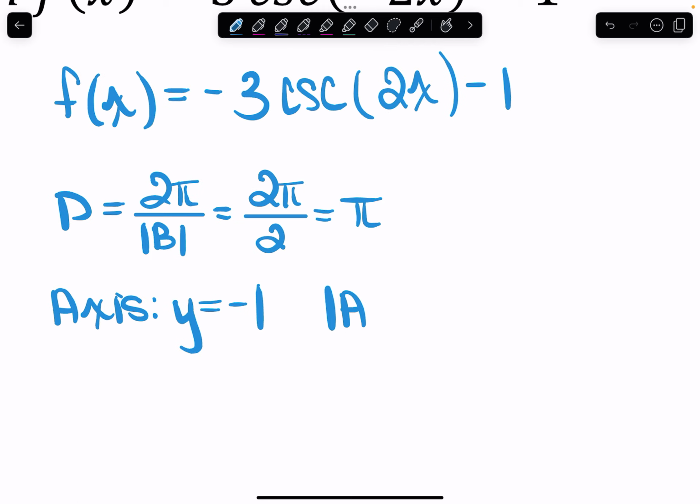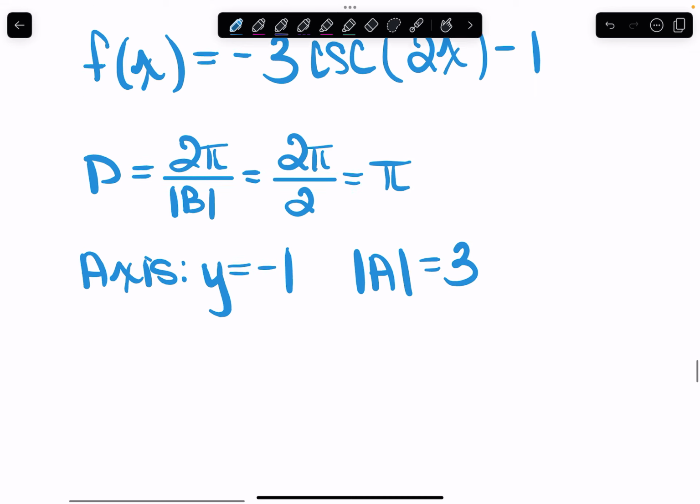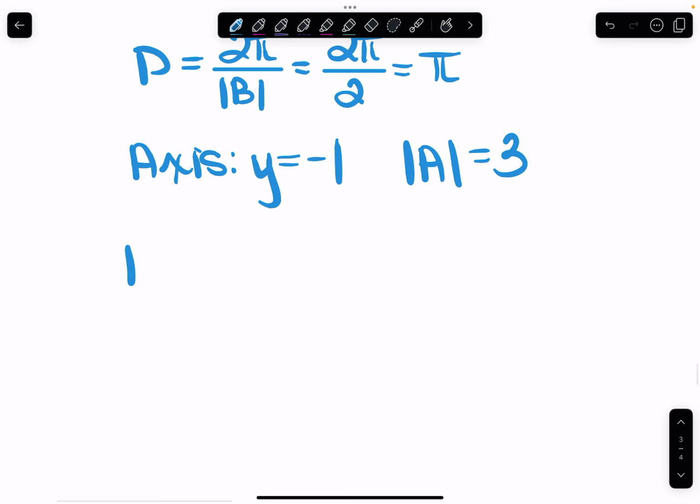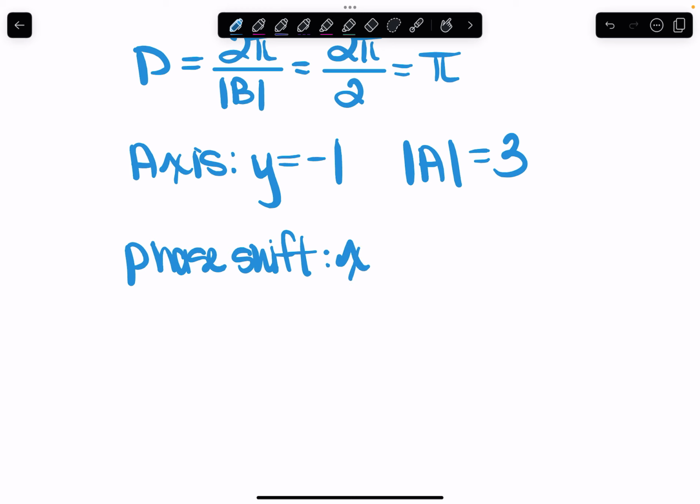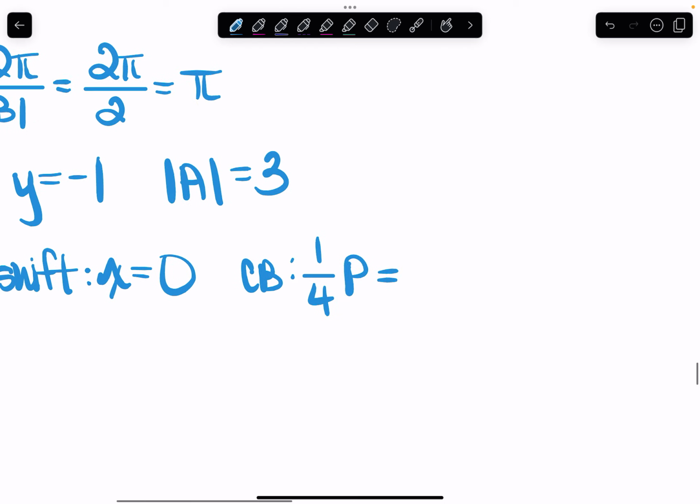Amplitude, 3. Phase shift, none. So I'm just going to put x equals 0 so that I know what that starting point is. And then our count by, 1/4 of p. And p was pi, so 1/4 of pi, pi over 4.